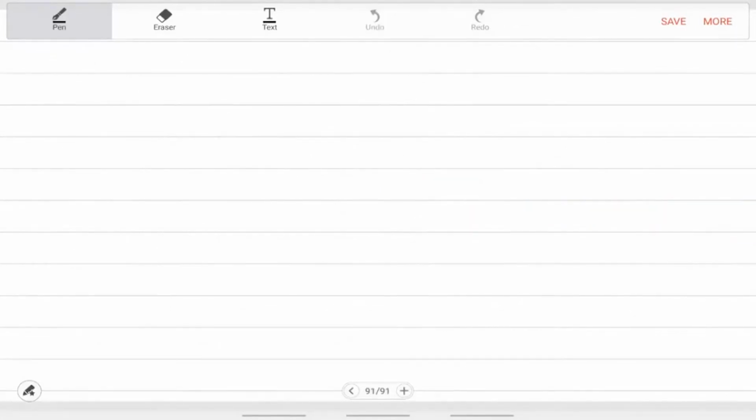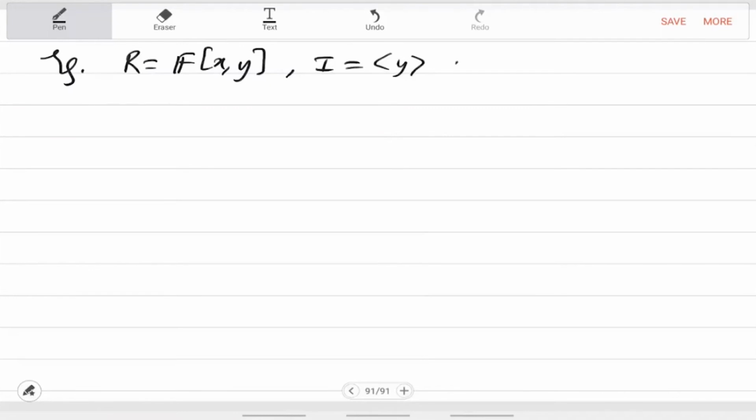So let's see an example for that. So the bivariate example with the ideal y. Let's take f to be x square plus y. So mod y, the factorization of this is x times x, which is non coprime.